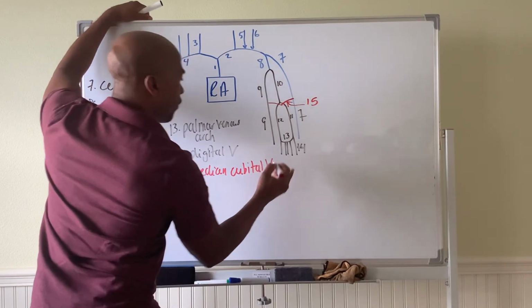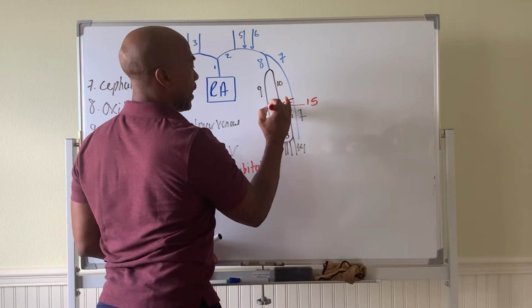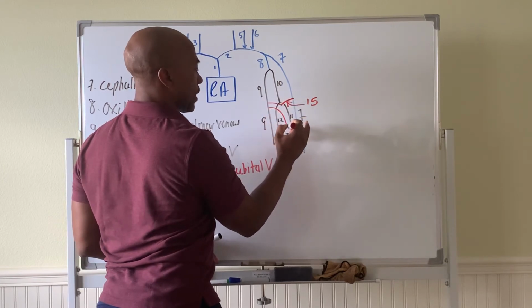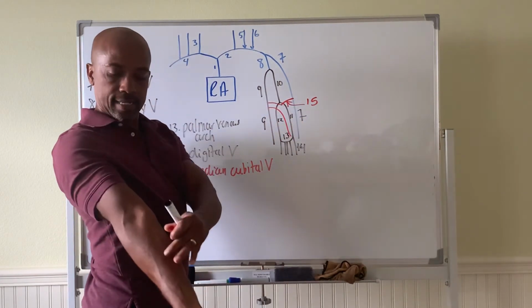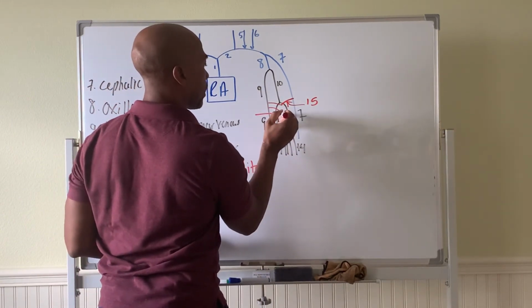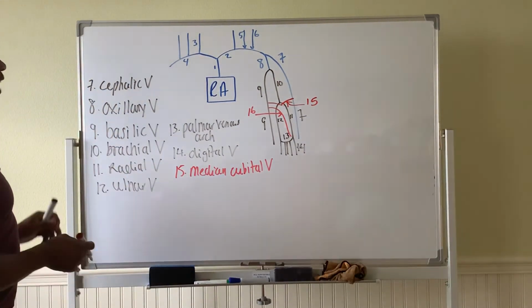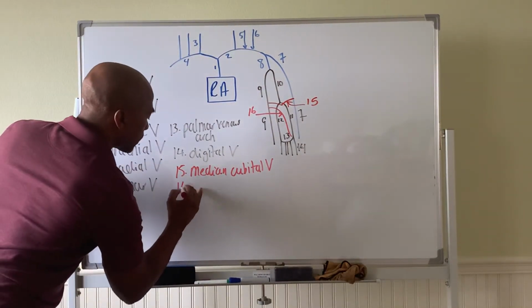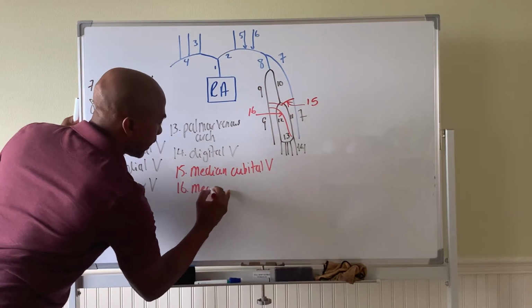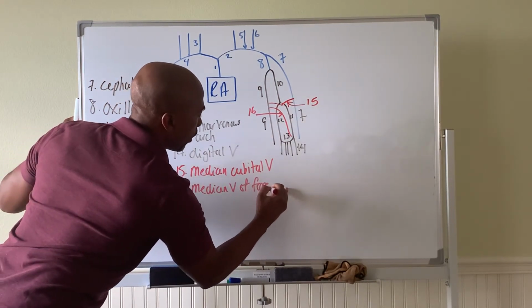And then there's also a vein that branches off the basilic that runs like this. That vein, number 16, is called the median vein of the forearm.